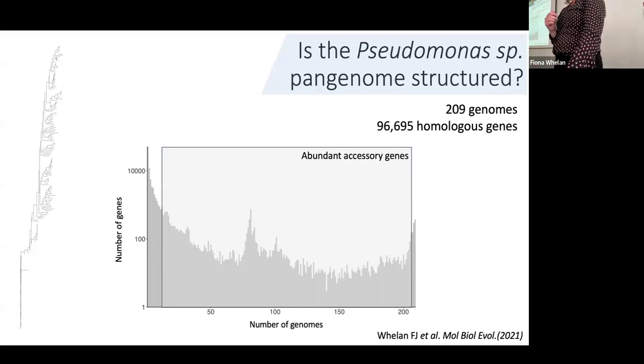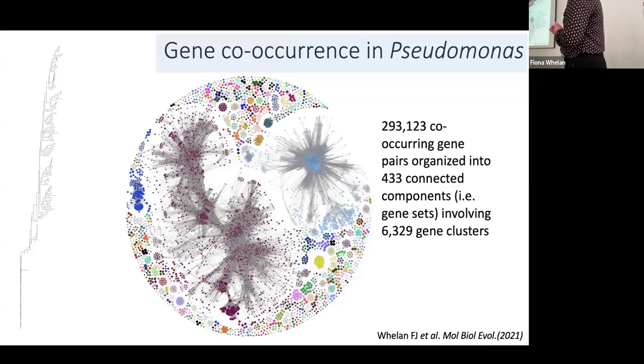So when we applied Coinfinder to this set of genes, this is the network that we obtain. This is similar to that cartoony network I showed you a few slides ago, except applied to this data set. The colors might be a little bit hard to see if you're in the room. But if we walk through this, we have just over 6,000 gene clusters, so 6,000 nodes or dots within our network.